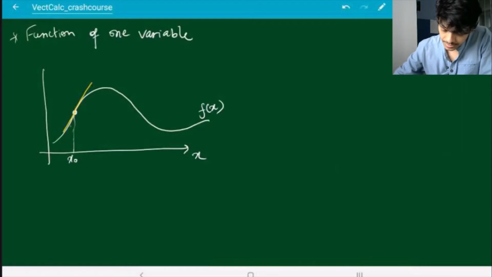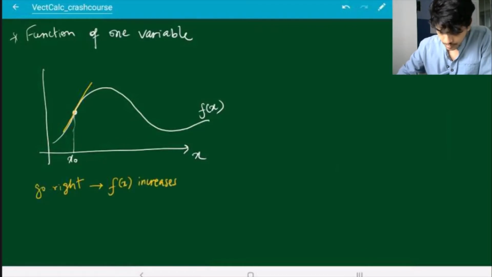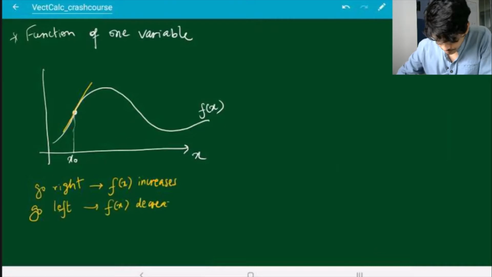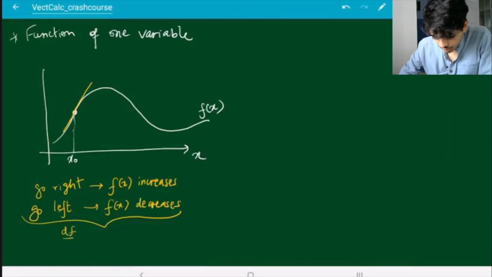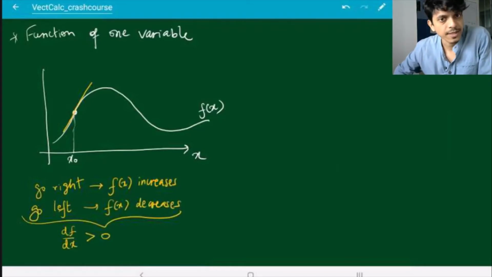What that means is that when you're at x0, if you go right, then the function increases. If you go left from x0, then the function decreases. And these are both equivalent ways of saying that the derivative, or the slope of the tangent, is positive. That's why the function is increasing as you go to the right.